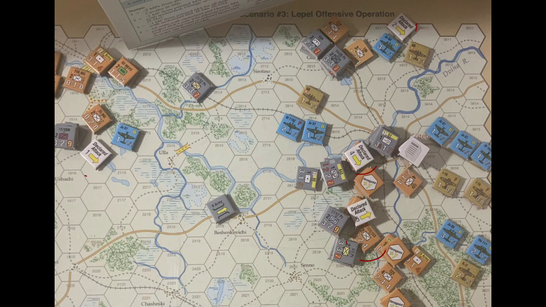This is because when you declare an attack in this game, if you are in contact with two units, with two X's, you must declare the attack to all units in both X's.